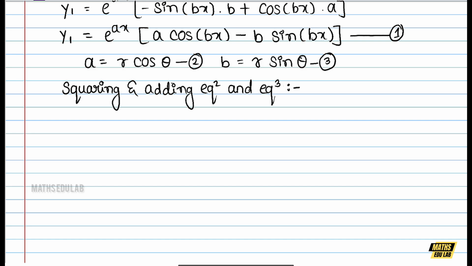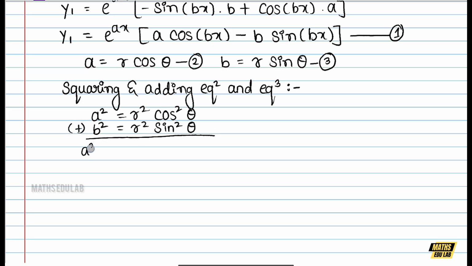On squaring, I can write the equation 2 value as a square is equal to r square cos square theta. Similarly, the third equation is b square is equal to r square sine square theta. Then we have to add them. On adding, a square plus b square is equal to r square cos square theta plus r square sine square theta.